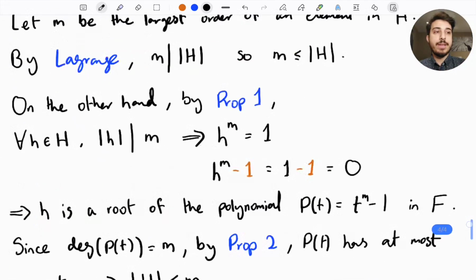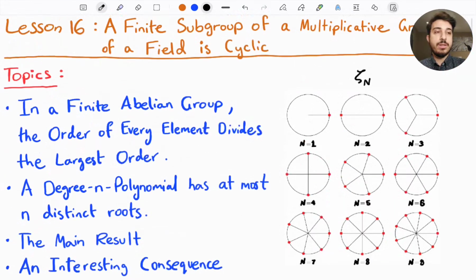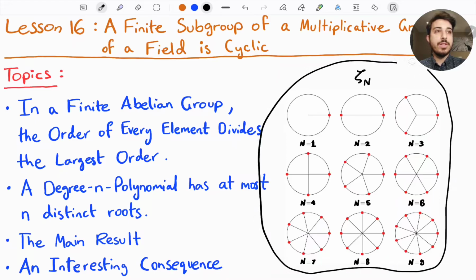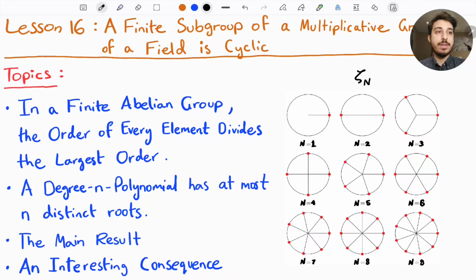If you look back at the drawing in the introduction, this is the case for different n's. You can clearly see the satisfying symmetry that results here for the different n's. This is for n equal to 1. We have simply the trivial group.